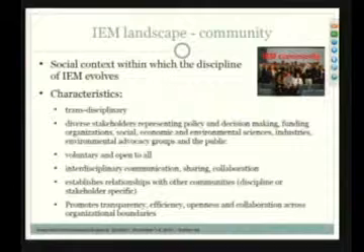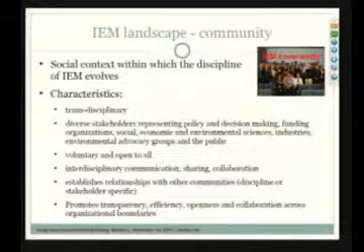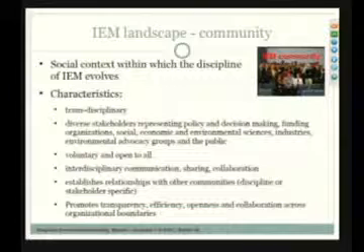And then the fourth dimension which was addressed is the community, which should provide a societal context in which that discipline, which has to address those diversities, can evolve.